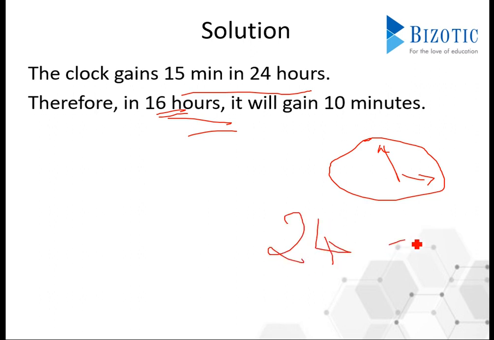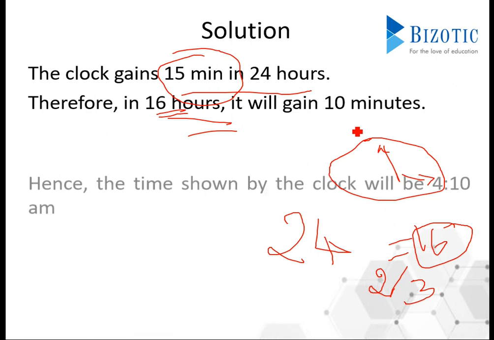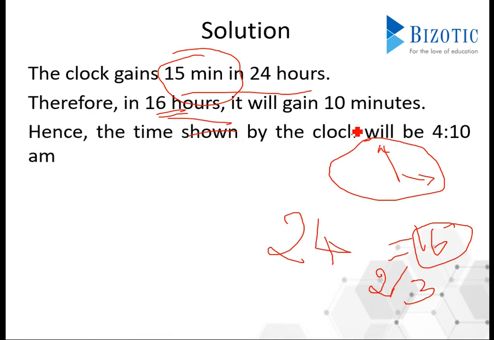How? 8 plus 8 plus 8 is 24, so 16 is 2 by 3rd part of it. Similarly, 2 by 3rd part of 15 will be 10 minutes. So the clock will show 4 hours 10 minutes when it is gaining time. So your answer will be 4 hours 10 minutes.